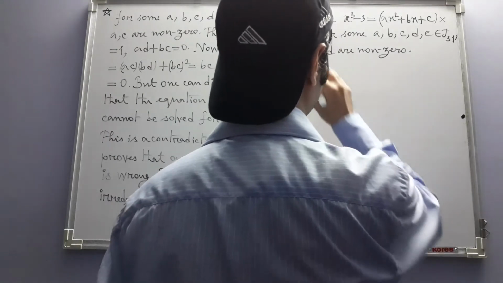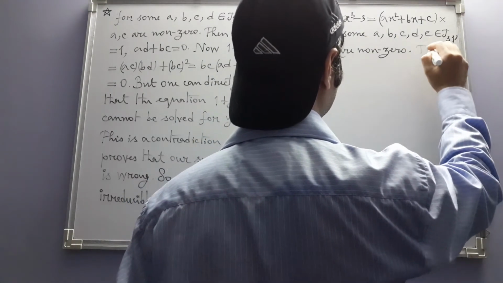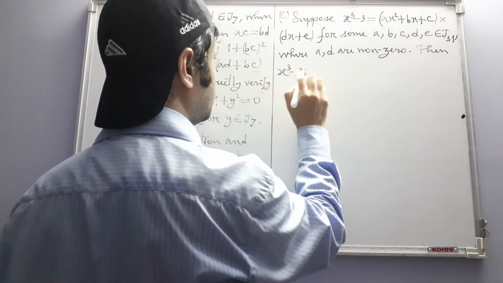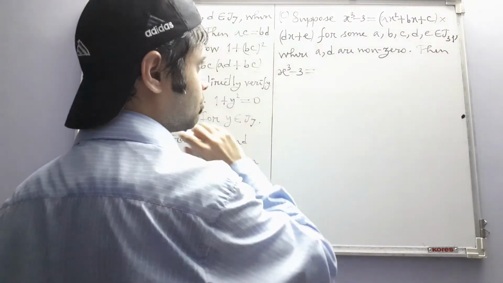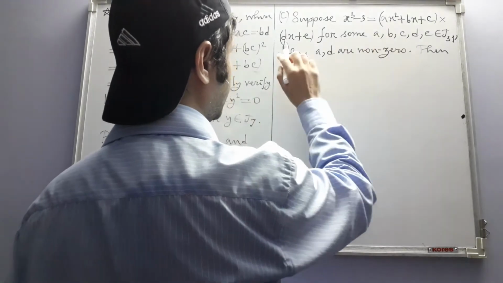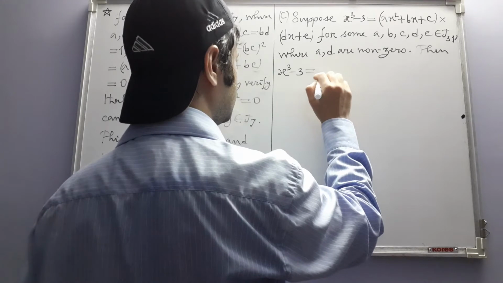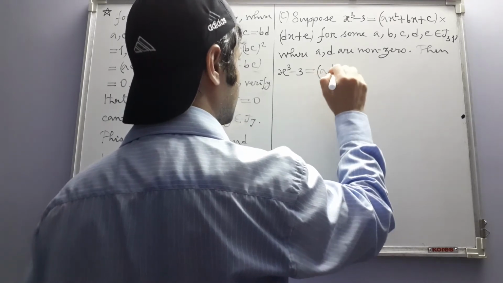Here we have to calculate the product. Then x cube minus 3 equal to... okay, for x cube we have to multiply ax square with dx, that will give us ad x cube.